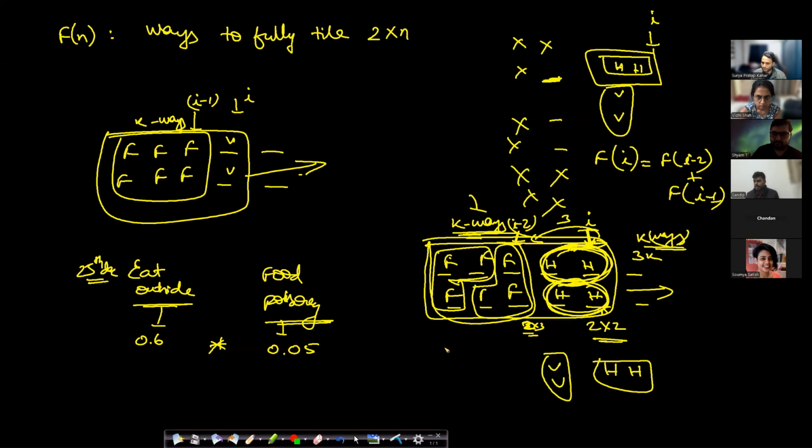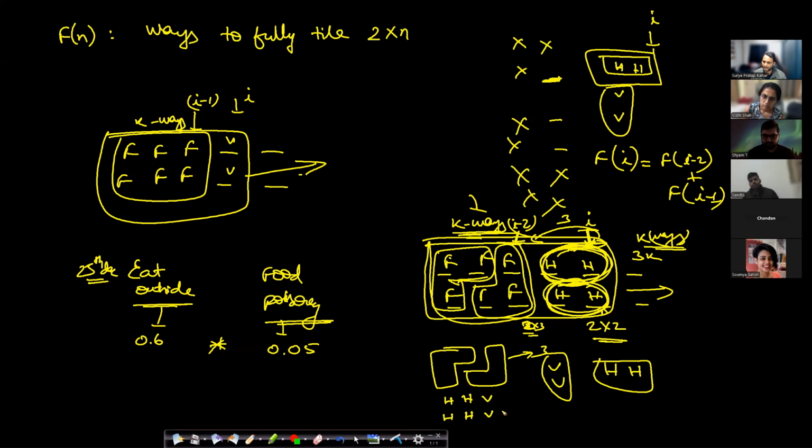Then if I use 2 trominos, something like this, for this you have 3 ways. Or if I use horizontal and then vertical, then for them as well you will have 3 ways. So many other configurations I can generate. For k number of configurations, for each of them you will have 3 ways. And that is why you will be multiplying in this case.